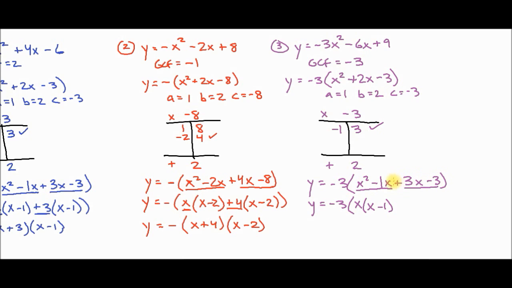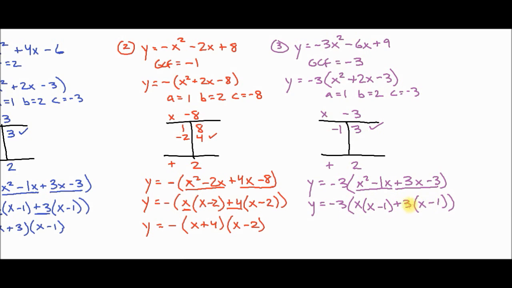Remember, you always use the sign that you see in front of this first one, and I should extend this line over to see that sign goes with this term. We're going to pull out a positive 3. 3 times what gives us 3x? That's x. 3 times what gives us negative 3? That's negative 1. Cool, worked out again.